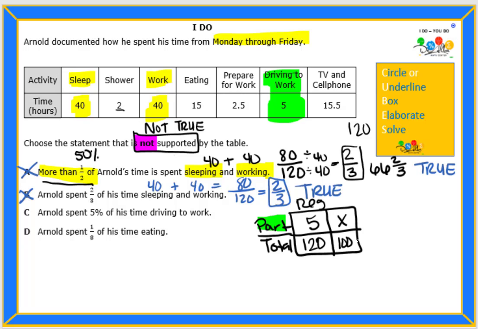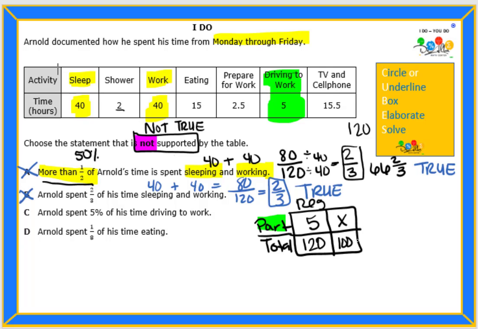Now let's keep in mind that if we already know something about ratios. If we have 5 out of 120, do you think that we are going to get the same number for 100? Is 5 over 120 the same as 5 out of 100? They cannot have the same numerator if they don't have the same denominator, and they would not be equal ratios, right? So I'm already thinking this is not true.